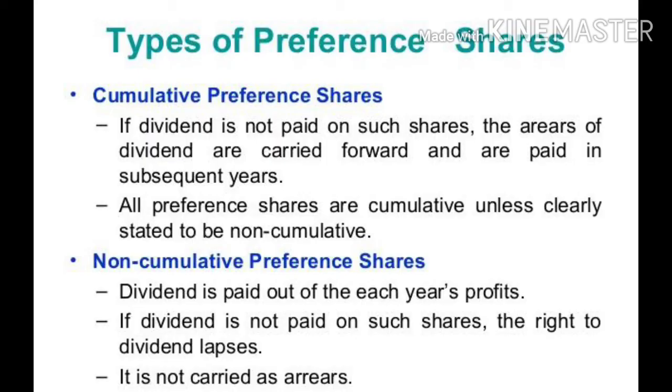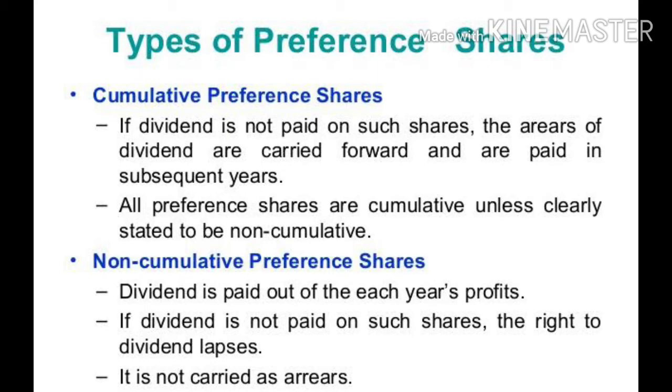Third, cumulative or non-cumulative preference shares. Cumulative preference shares: if dividend is not paid on such shares, the arrears of dividend, which means unpaid dividends, are carried forward and paid in subsequent years. Let me explain clearly.